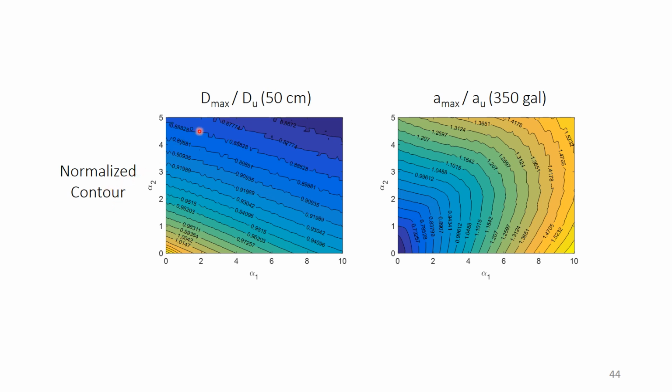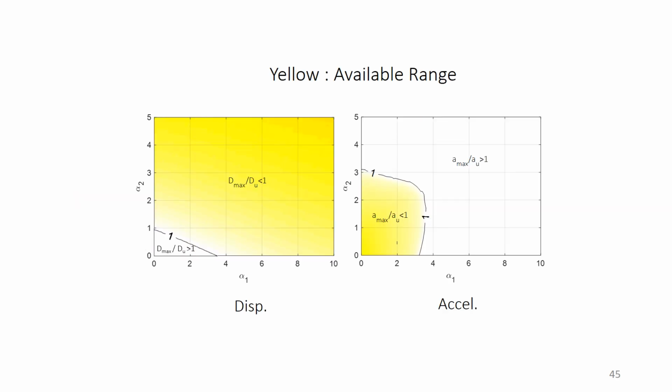If we divide Dmax by the design target du, 50 centimeters, and Amax by AU equals 350 gal, we can get the normalized value. And after we get the normalized value, it is important to find where the normalized value equals 1.